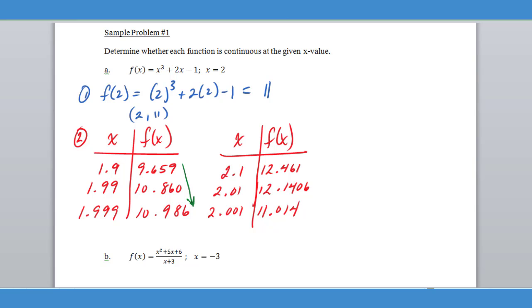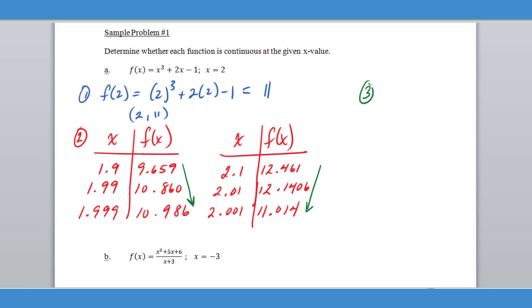Same thing from the other side: as we go from 2.1 to 2.01 and get closer and closer to 2, this seems to approach 11 from this side as well. The value 11 is not really necessary in the second part of the continuity test. The fact that it's approaching a similar number from each side is what's important.